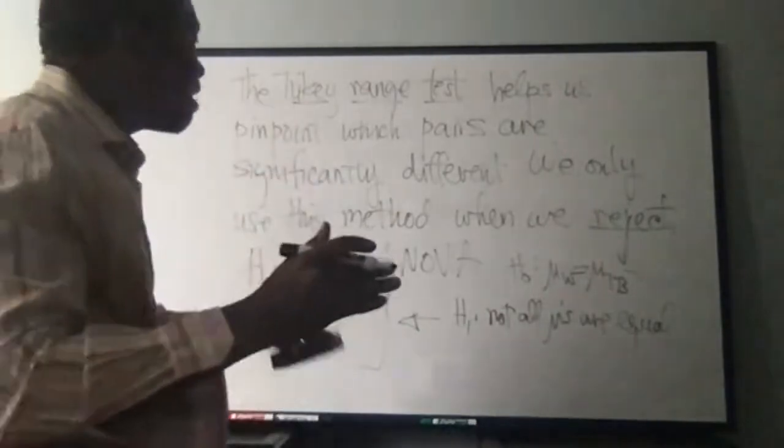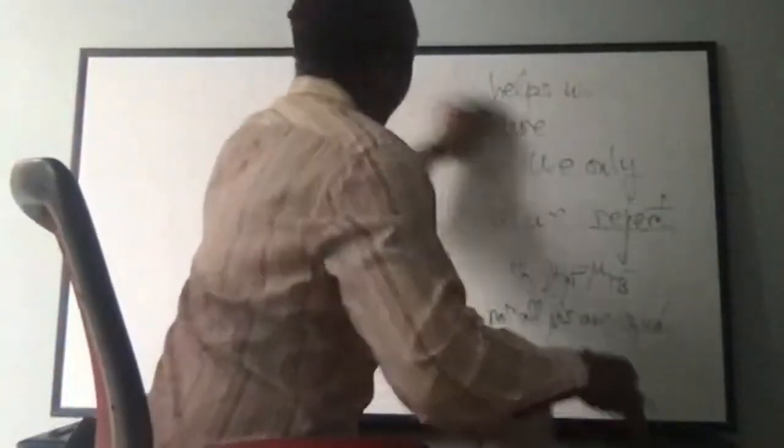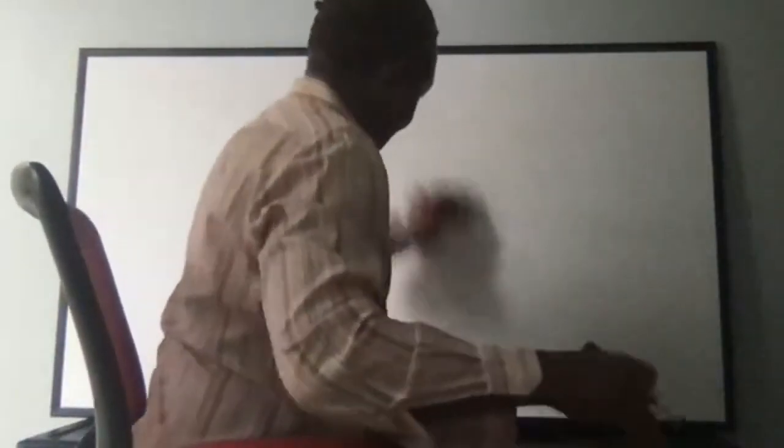Now, when we solve this problem, we're going to have to use something called a Q table, the letter Q. And I think I put one in this week's folder, so you may want to grab that.